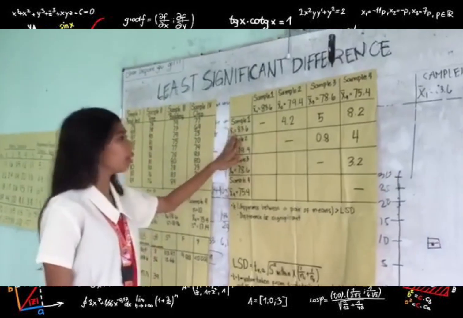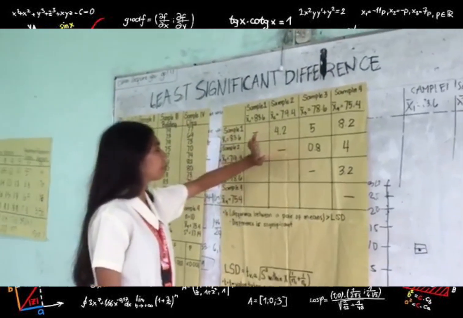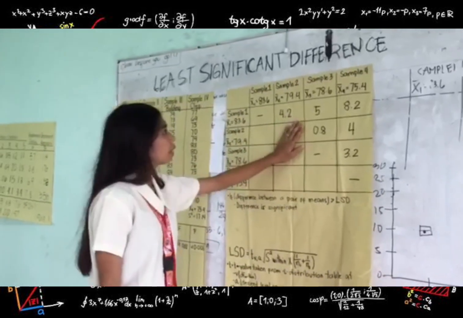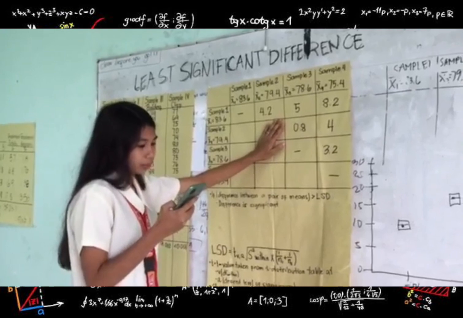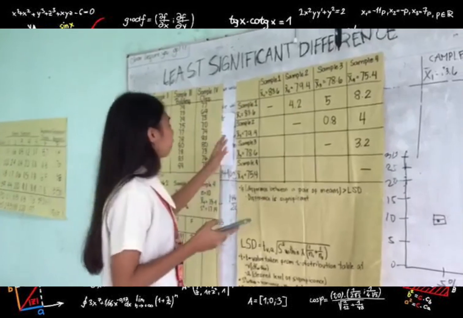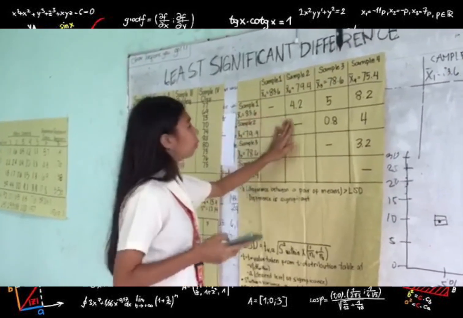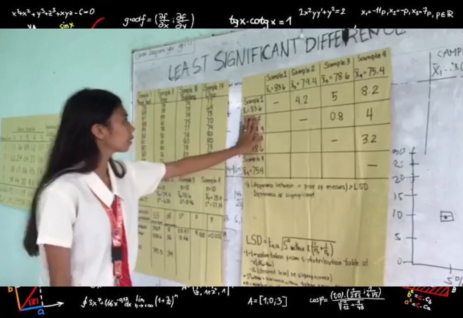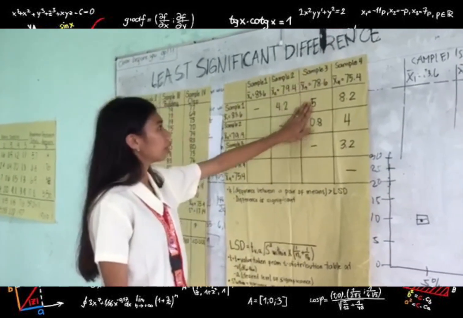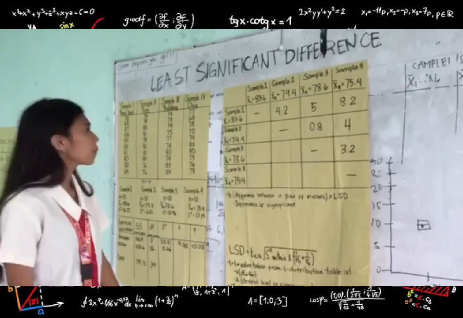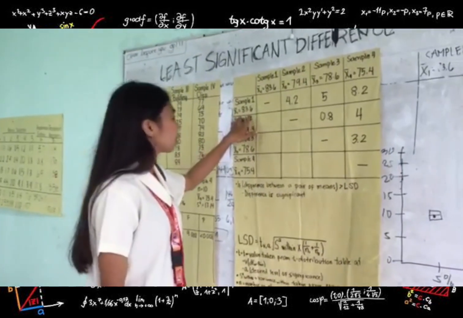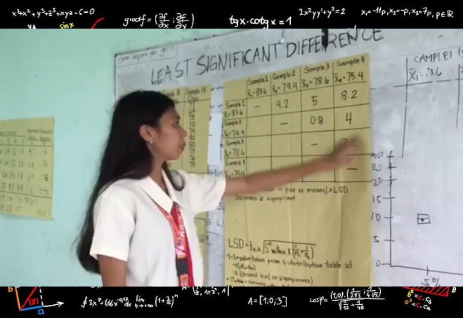The mean of sample 1 minus the mean of sample 2 is equal to 4.2. The difference between the pair of sample 1 and 3, the mean of sample 1 minus the mean of sample 3, is 5. The difference between the pair of sample 1 and sample 4 is 8.2.